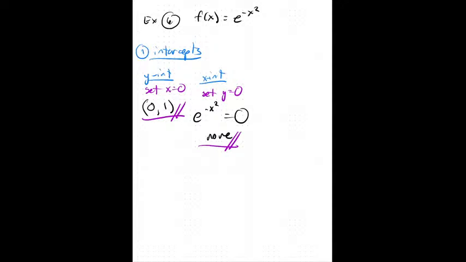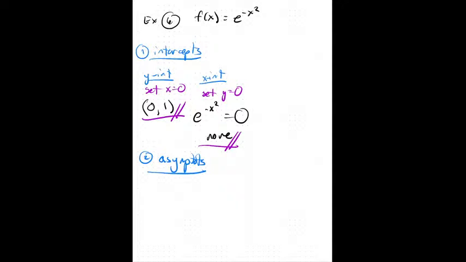So then we want to consider any asymptotes. So the vertical asymptote would occur where the denominator would be 0. Because even though we have 1 over e to the x squared, it won't ever be 0.